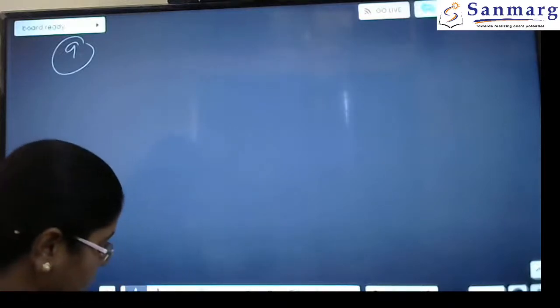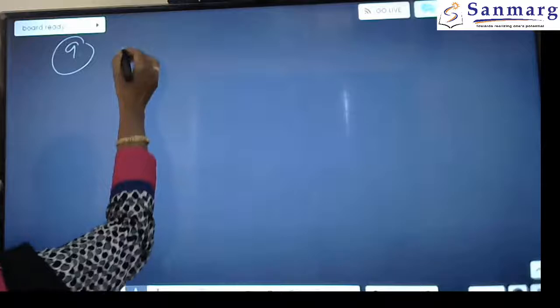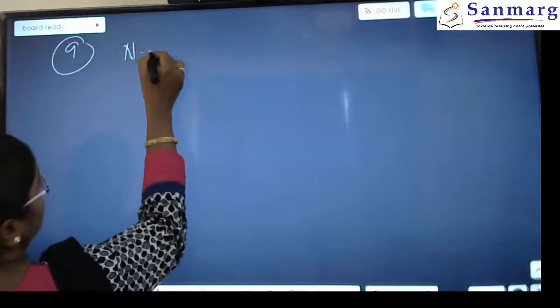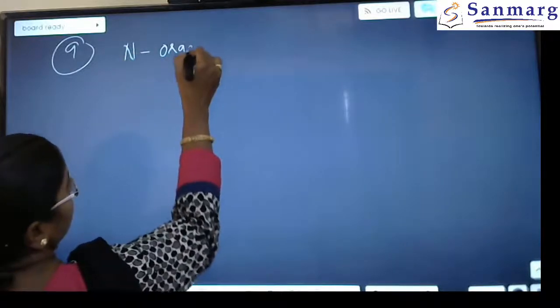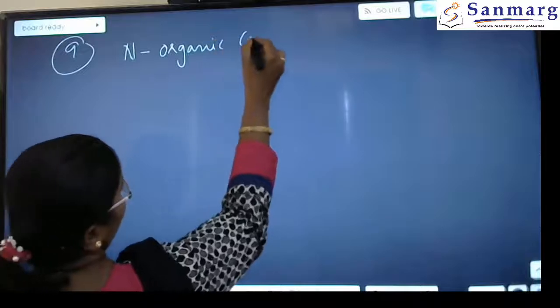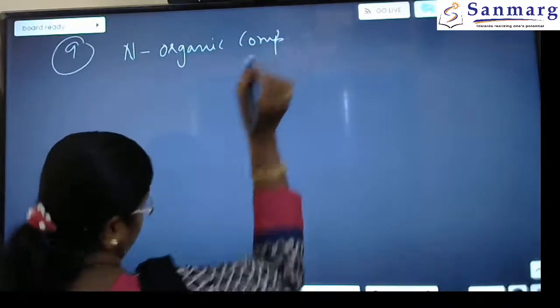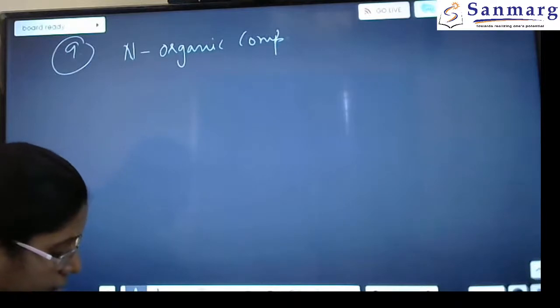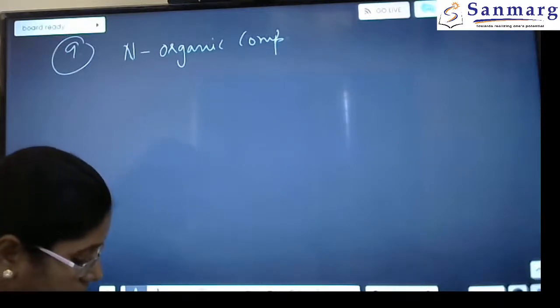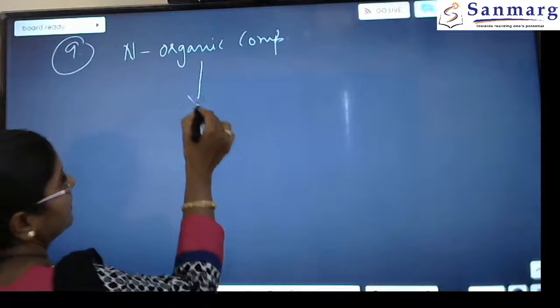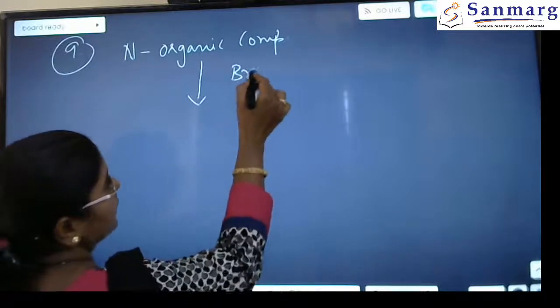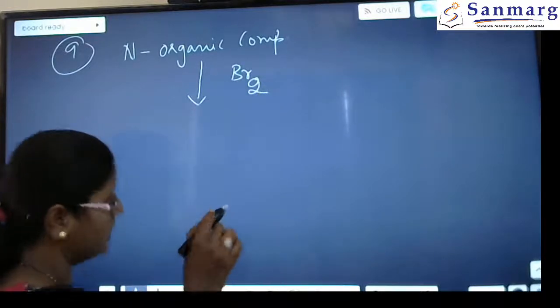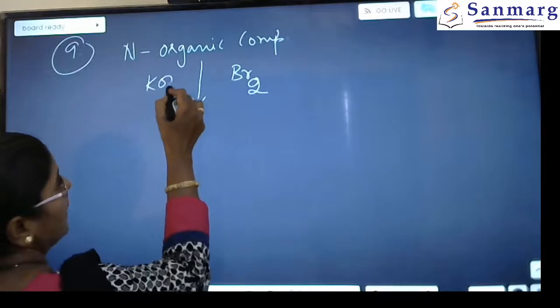There is a nitrogen containing organic compound taken. This compound gave an oily liquid when it is treated with bromine along with potassium hydroxide.